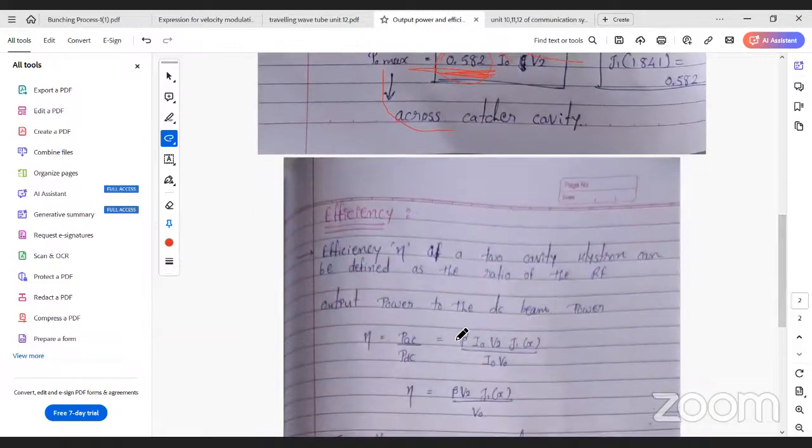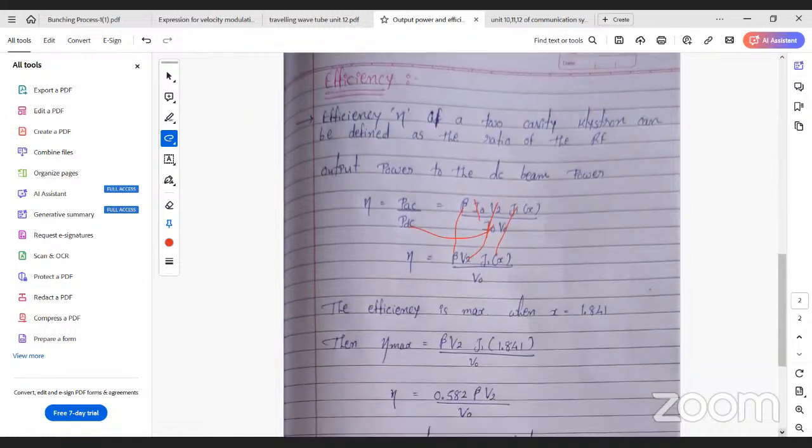Substituting, I naught V2 J1(x) by DC power. DC power P equal to IV, I naught V naught. This I naught will be cancelled. What we got: beta as it is, next V2, next J1(x) by V naught.